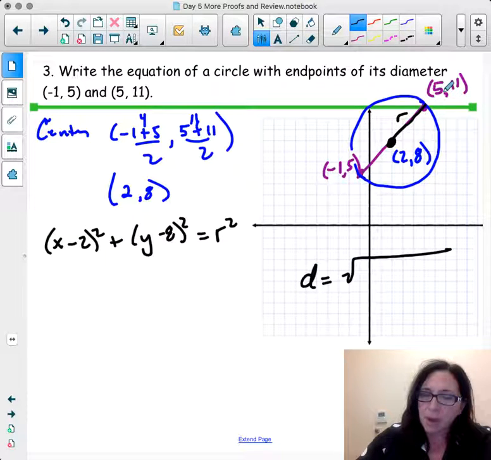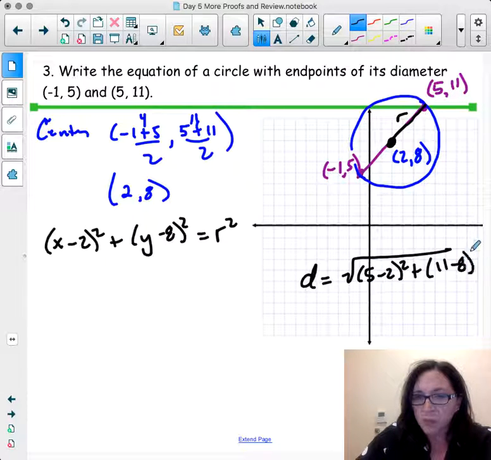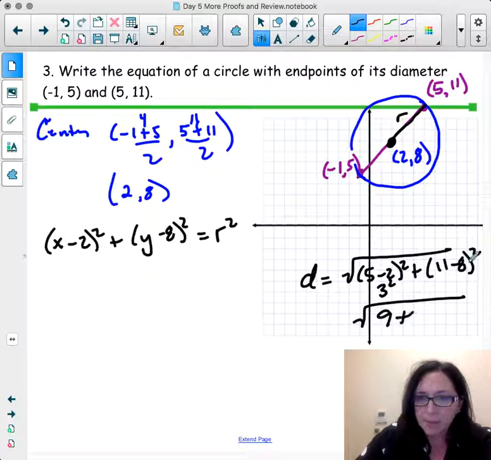So subtract my x's. I have parentheses 5 minus 2 quantity squared plus 11 minus 8 quantity squared. So I have 3 squared, which is 9, plus 11 minus 8 is 3. 3 squared is 9. So 9 plus 9 makes the square root of 18. And again, this is my radius.